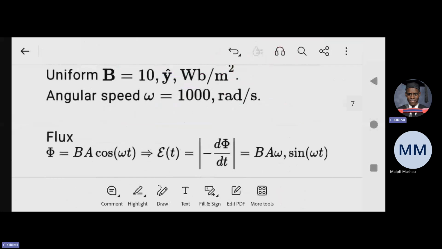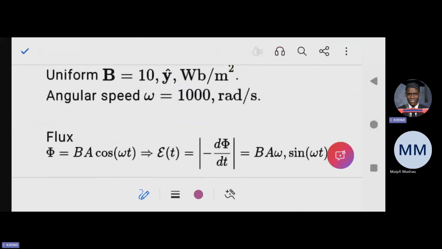So the induced EMF at any given time. Remember the formula for the magnetic flux is given by B, the magnetic field, multiplied by A, the area, cos omega t.